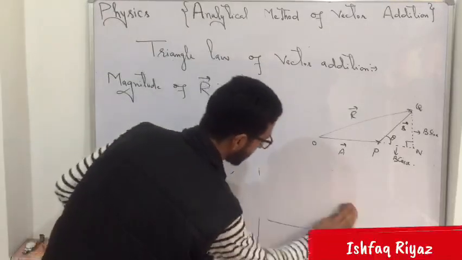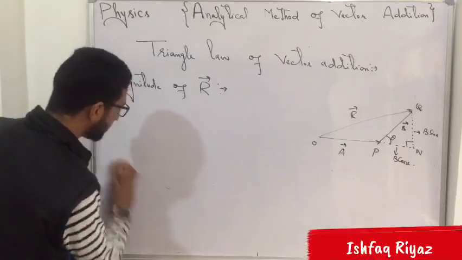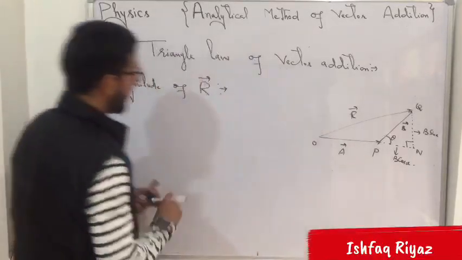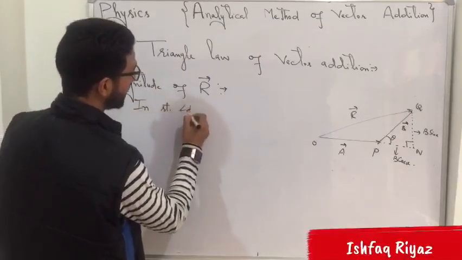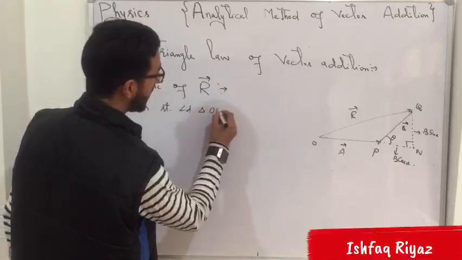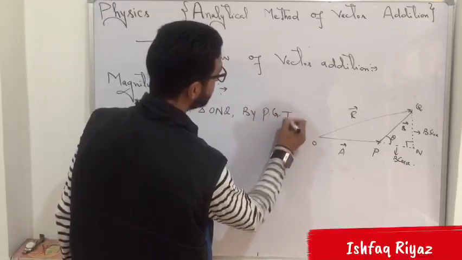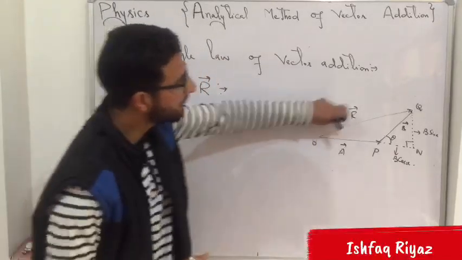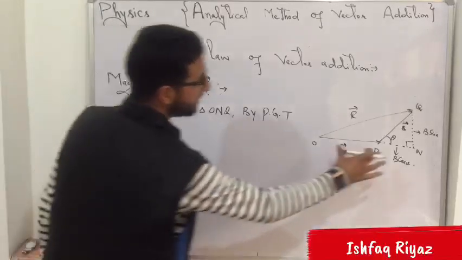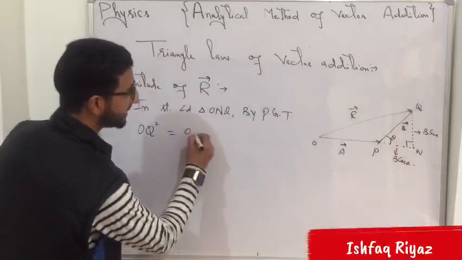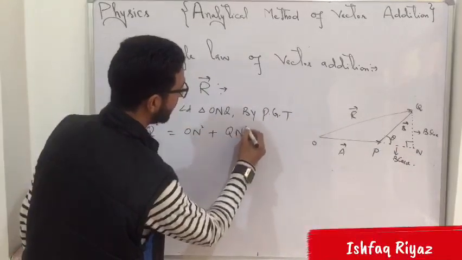Now, in a right angle triangle ONQ, I will use PGT, I mean Pythagoras theorem. So, in a right angle triangle ONQ, by Pythagoras theorem, hypotenuse square, that is OQ square, will be equal to base square, that is ON square, plus perpendicular square, that is QN square.